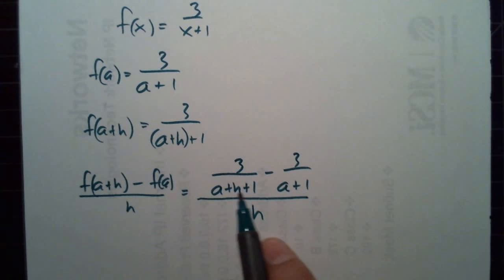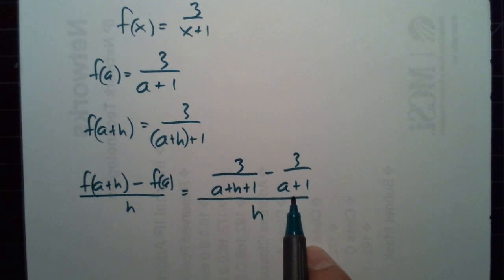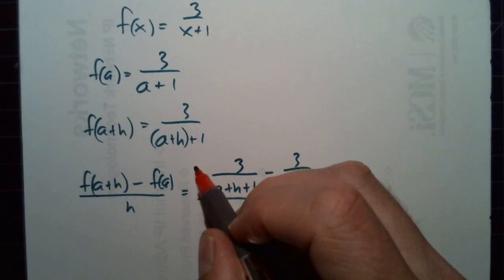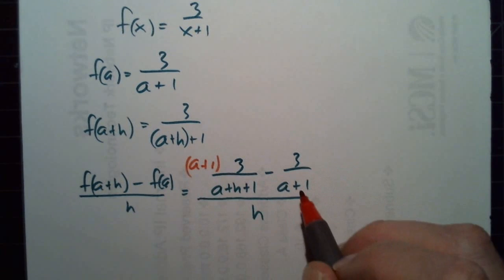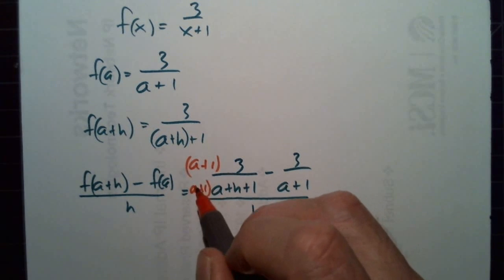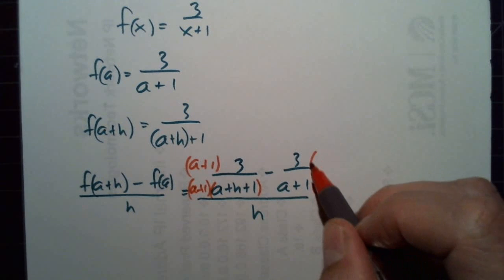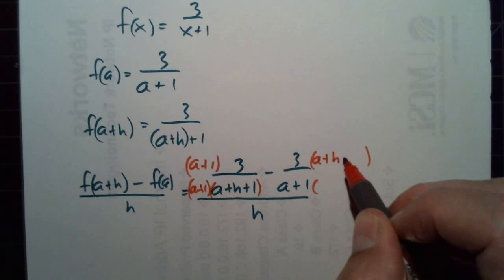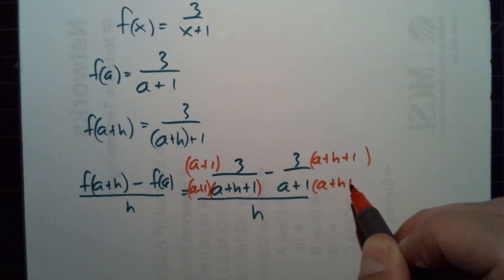So we need a common denominator here, and let's multiply each side by the other denominator. So we're going to have a plus 1 over here, a plus 1 there, over here, a plus h plus 1, a plus h plus 1.